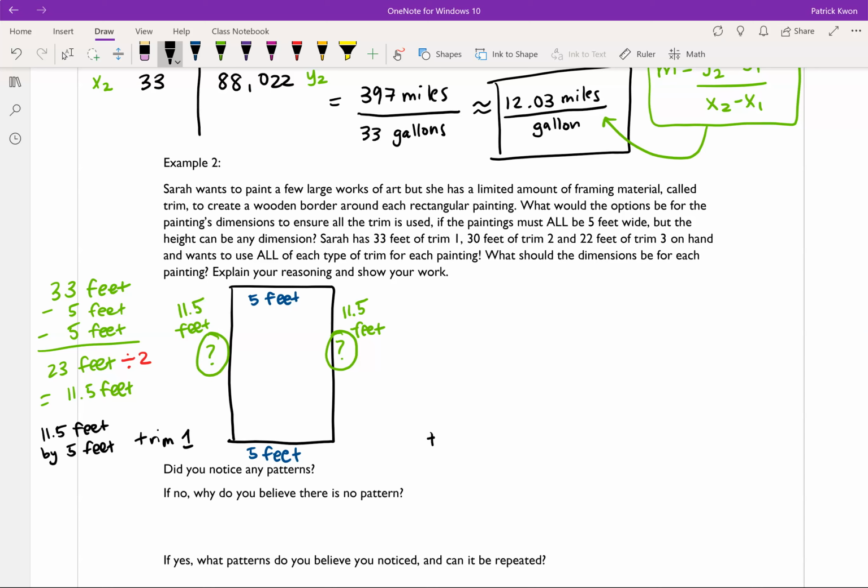Let's talk about trim 2. We know that we have 30 feet in total. Our width still has to be 5 feet.